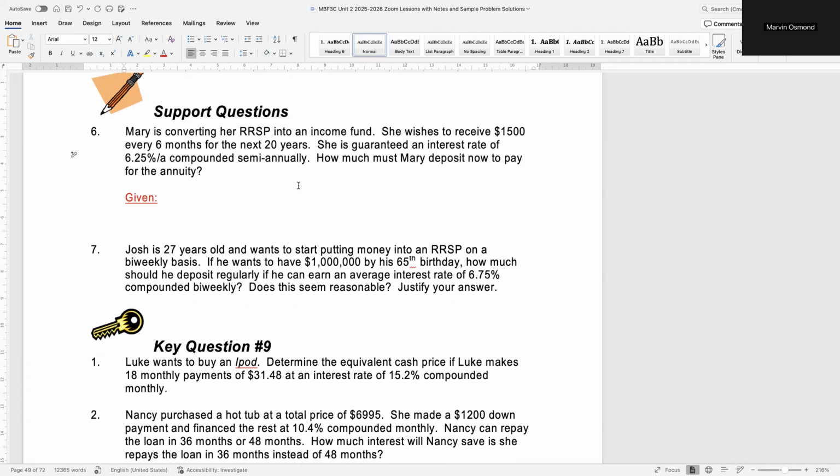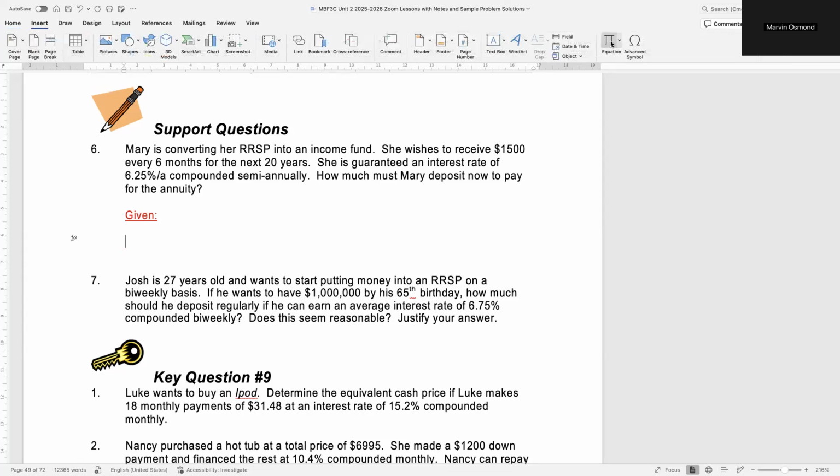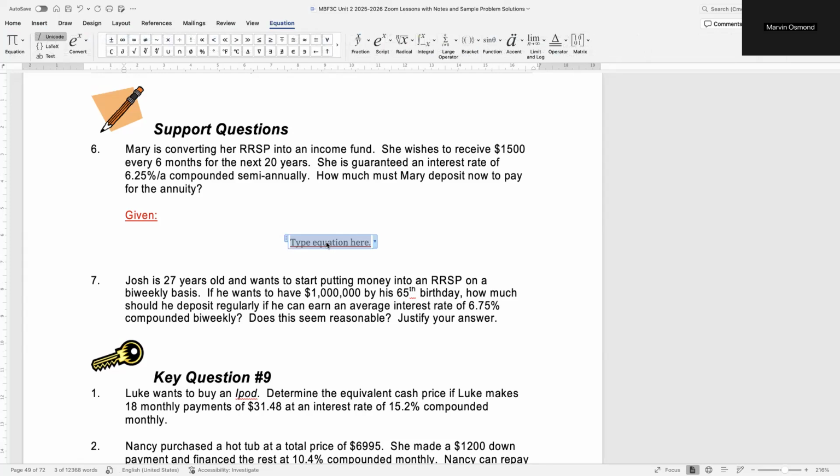She wishes to receive $1,500 every 6 months for 20 years. So that means twice per year. We can do the n value first, right? So let's do it this way. Insert formula, and we can move things around after.